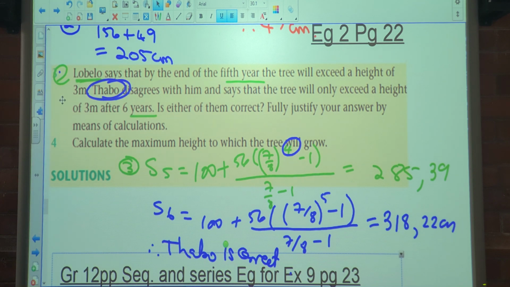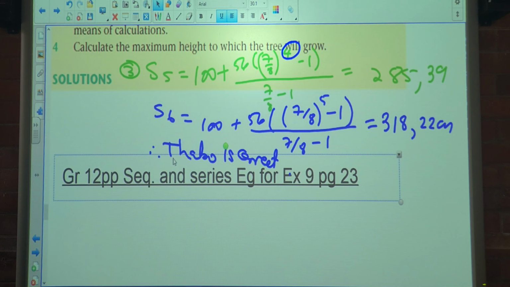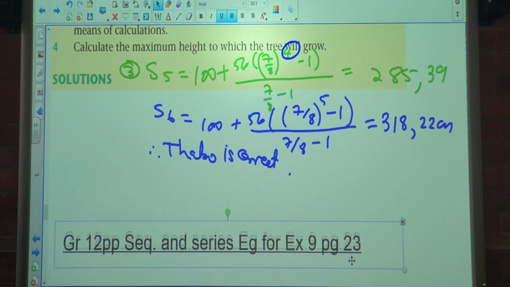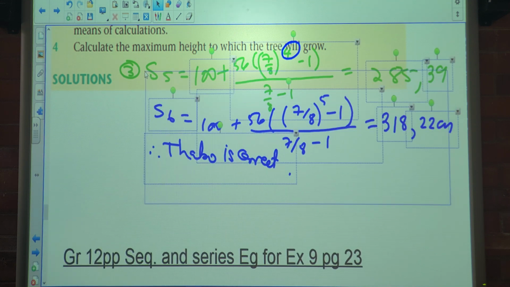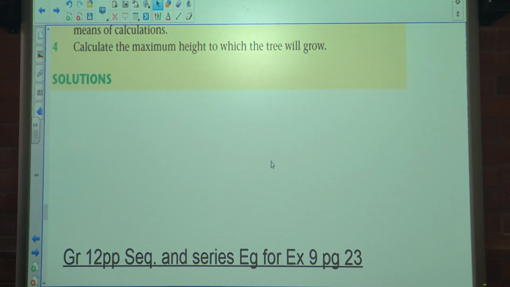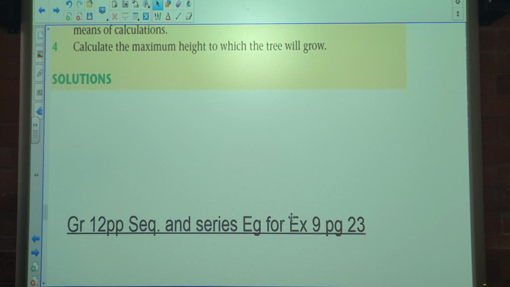Now the question says, calculate the maximum height to which a tree will grow. People, if we're talking about the maximum height here, that means to say this tree will increase every year by 7/8 of its previous year's increase.